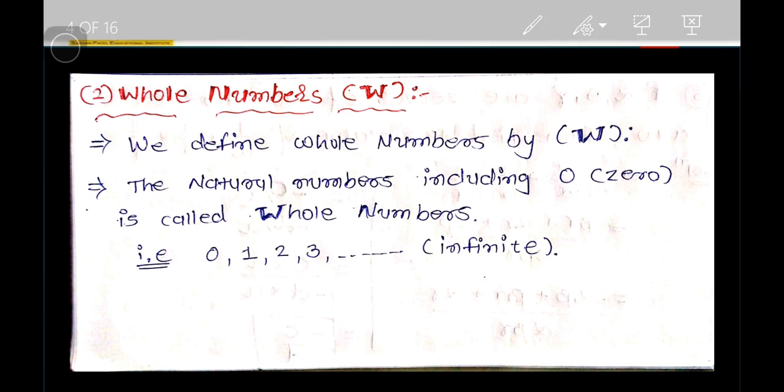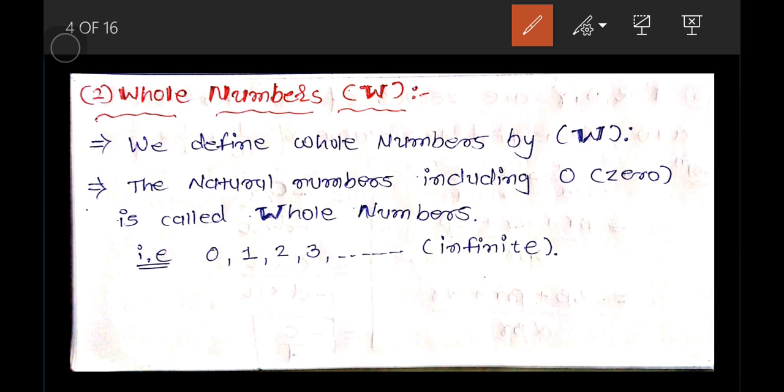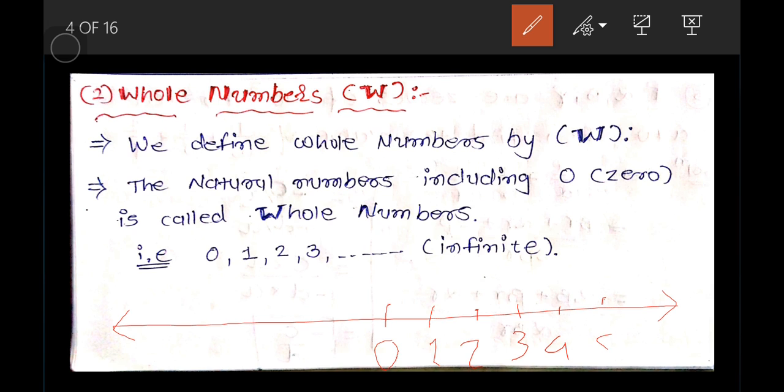Let us go to the next definition, whole numbers. Let us again draw a number line. In the middle is 0, then 1, 2, 3, 4, 5 up to infinity.